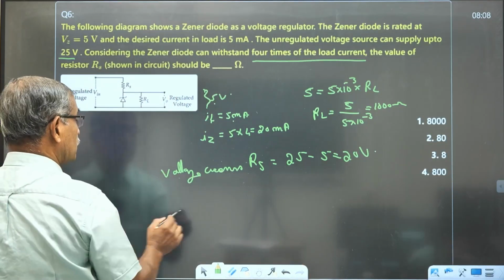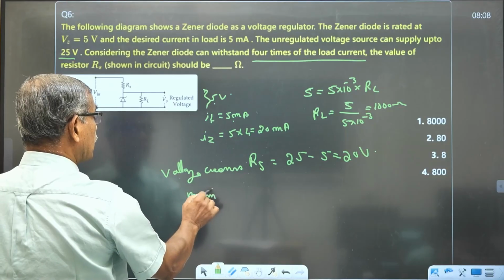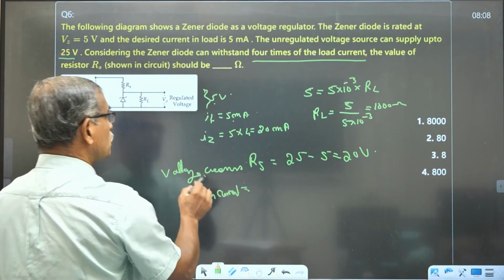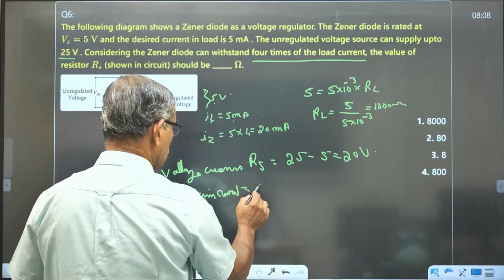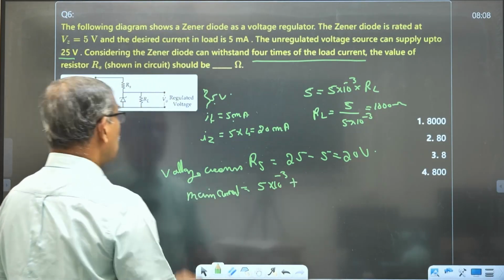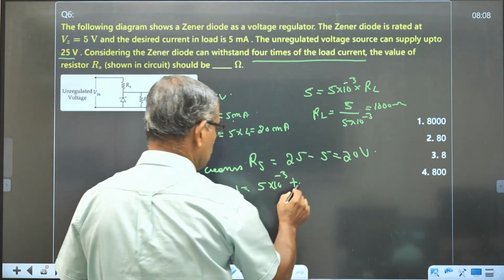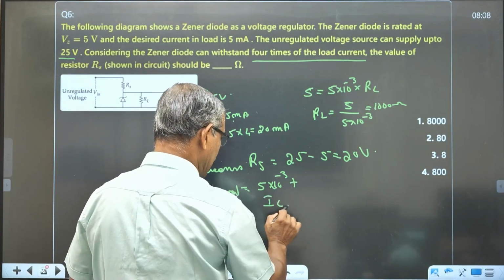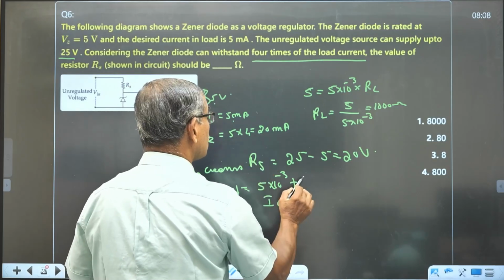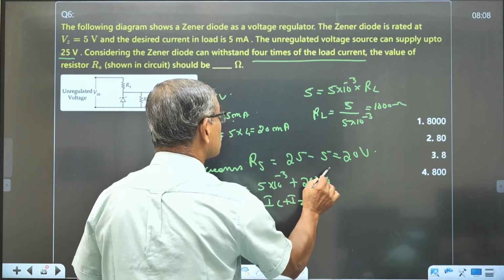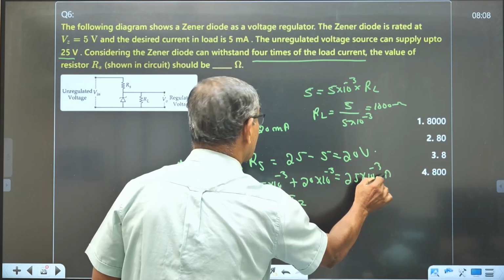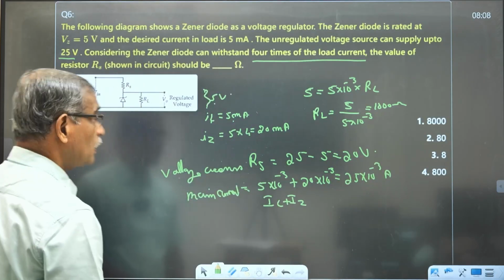What is the main current? Main current is equal to current through the load, 5 into 10 raised to minus 3, plus current through the Zener. That is IL plus IZ, which is 5 into 10 raised to minus 3 plus 20 into 10 raised to minus 3, equal to 25 into 10 raised to minus 3 ampere. That's the main current.